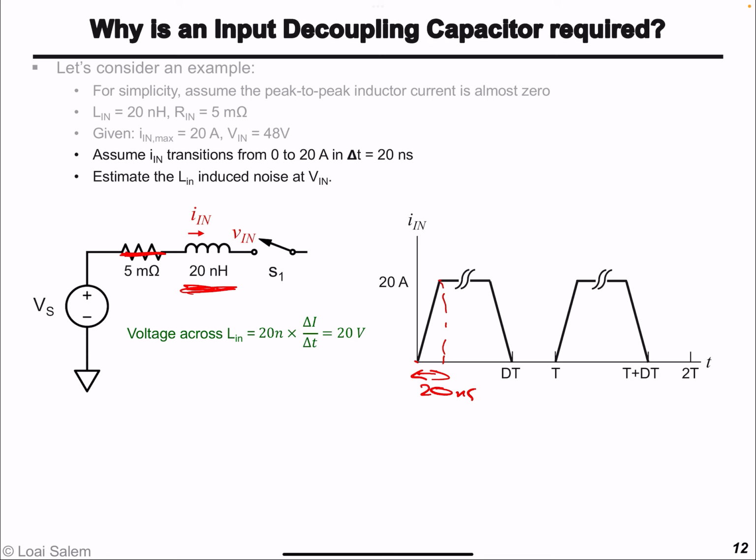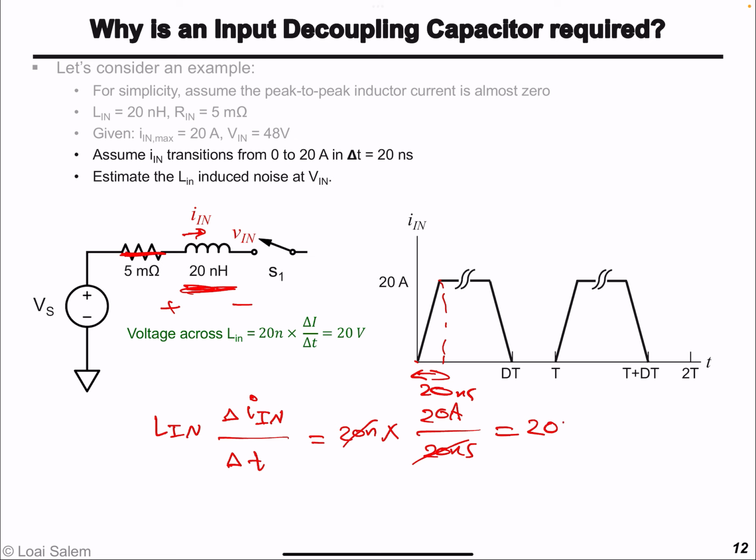The voltage across the inductor is L_n times delta I_n divided by delta t. L_n is 20 nanohenry, delta I is 20 ampere and delta t is 20 nanosecond. So basically we have 20 volts.